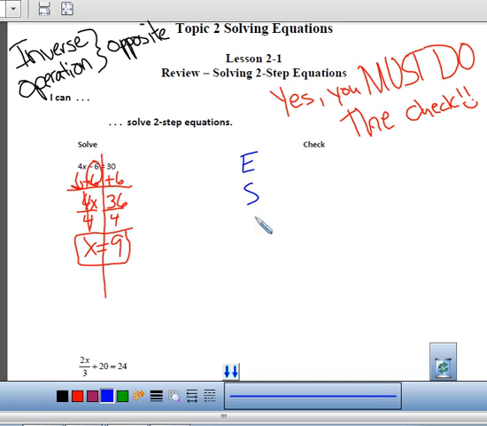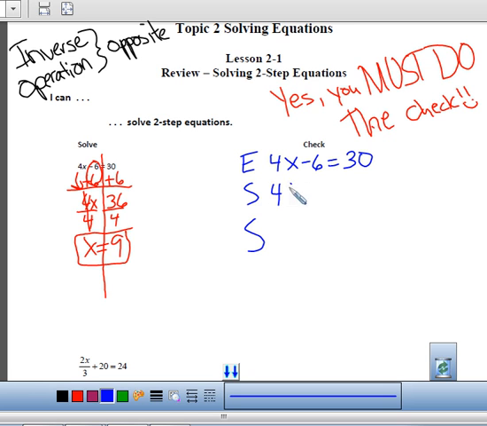E, S, S. E stands for rewrite the original equation. A lot of students forget this step and go right to the second step. You must rewrite the original equation. If you're not doing all these steps, then technically you're not doing the check correctly.